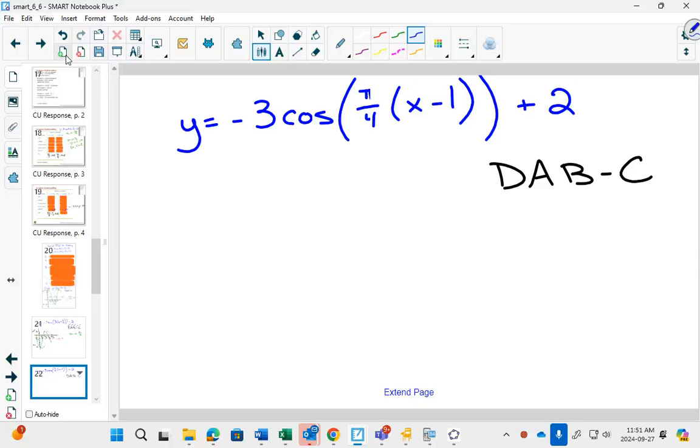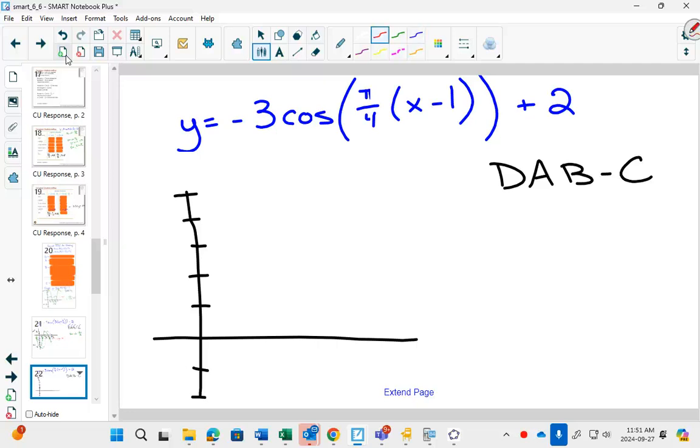And in our DABC, can you see that your D value is 2 and your amplitude is 3? So when I go to draw my scale, I know that my D value is going to be 2 and my amplitude is going to be 3. So I have an idea already with my max and min when I start my graph.